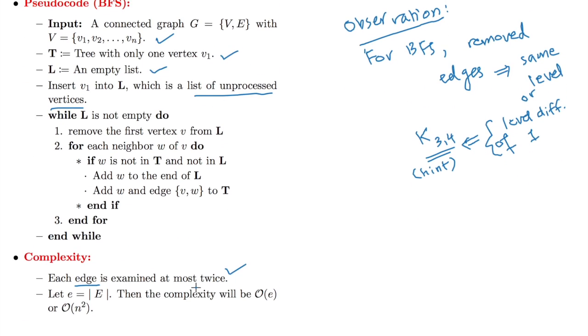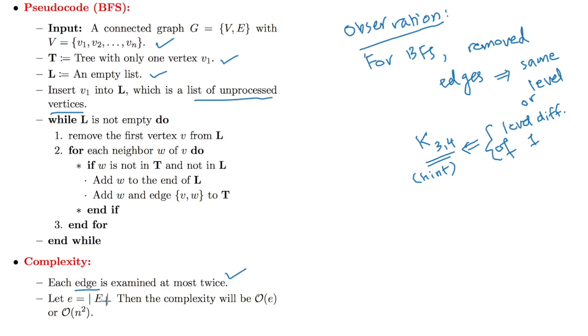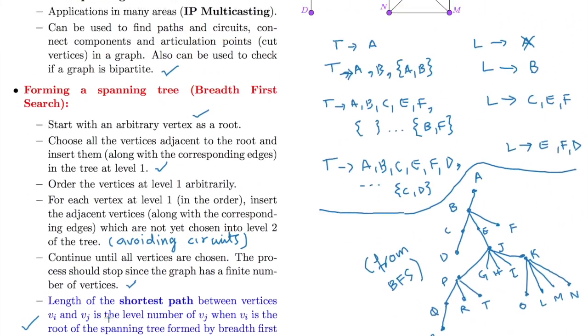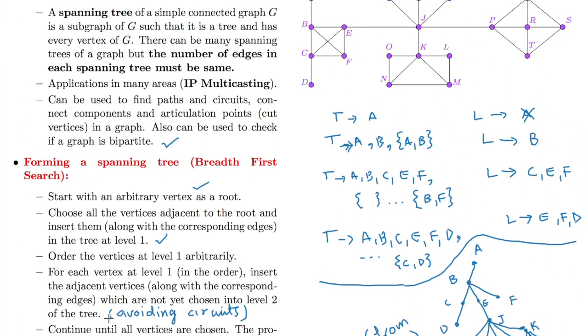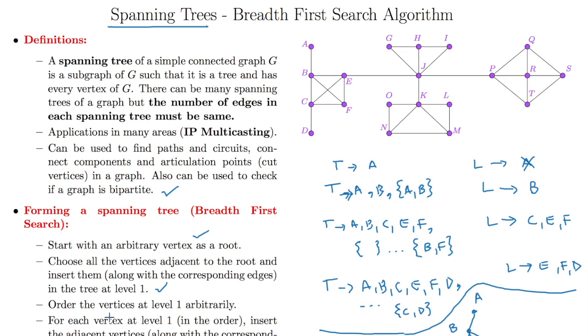So my order is the number of edges, and the number of edges for a simple graph is less than or equal to n(n-1)/2, which is a second order polynomial in n. So my complexity is order of n squared here. So this is a brief explanation of the breadth first search algorithm.